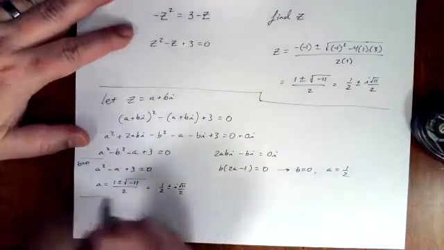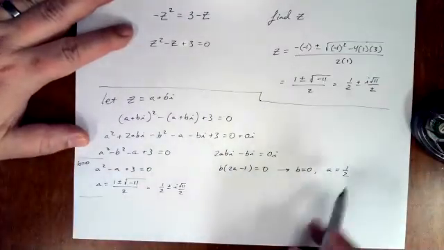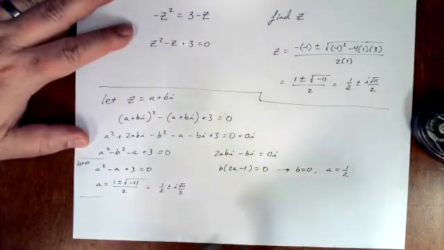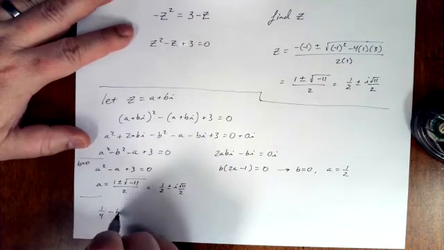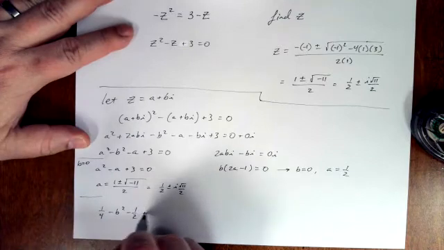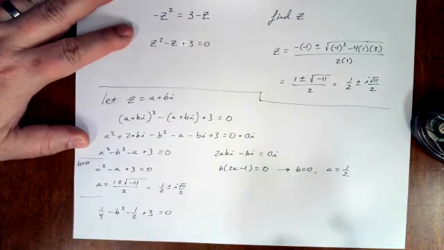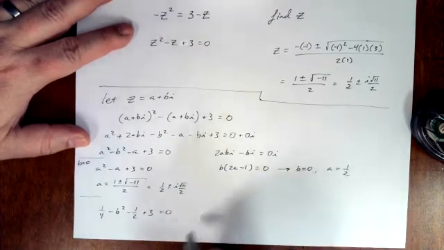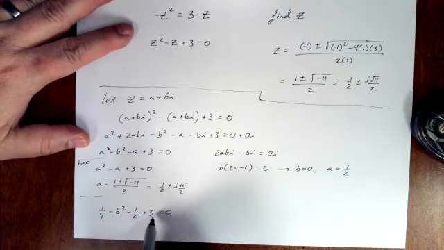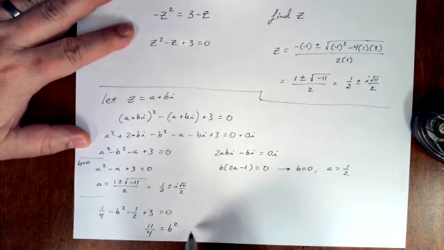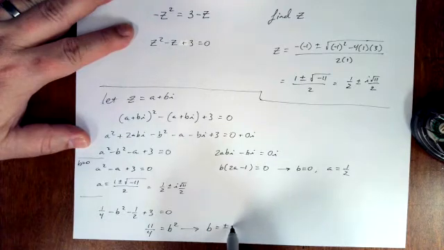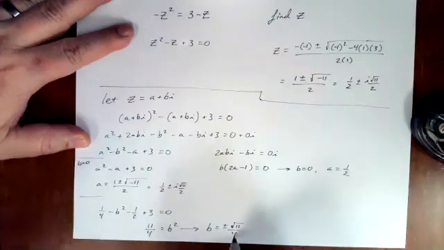The other answer was if a was 1/2. If a is 1/2, then I have 1/4 minus b squared minus 1/2 plus 3 is equal to 0. So now 1/4 minus 1/2 plus 3 is 11 over 4. And that means that b is equal to plus or minus the square root of 11 over 4.